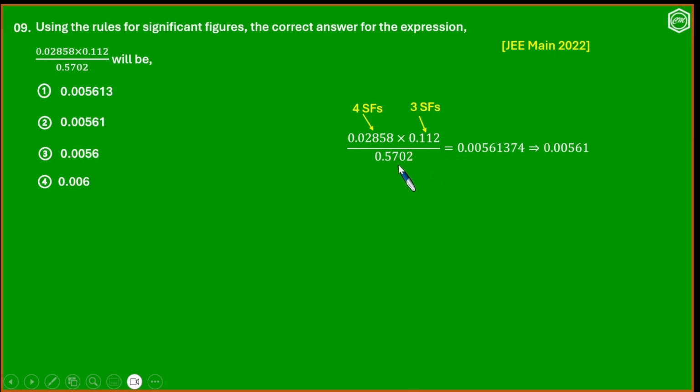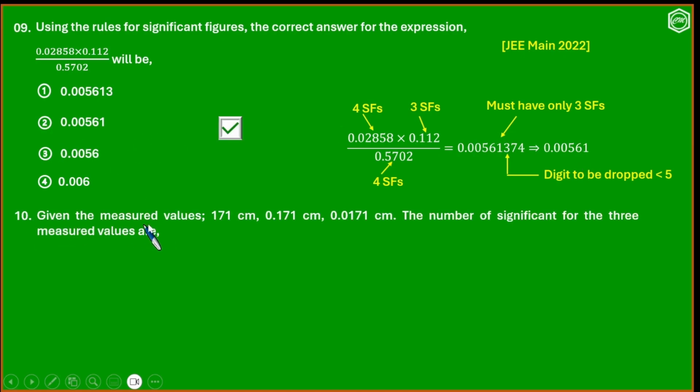Here it is 3 and here it is 4. So in multiplication and division, we consider the number of significant figures. And this is the least precise value. So therefore the answer must have only 3 significant figures. And the last digit to be dropped is less than 5. So the value will be 0.00561 and the answer must be option 2.